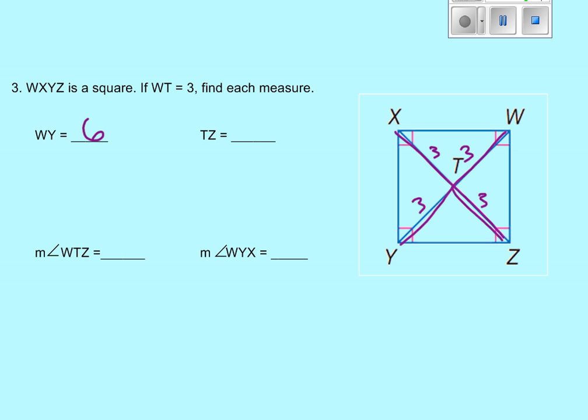TZ is going to be 3. WTZ, rules of a rhombus, that's going to be 90 degrees. And since all 4 of these cut in half and they bisect, every single one of these is 45 degrees. Squares are nice because you know a lot about them without having to know too much. All I have to do is say it's a square and you know a lot about this.